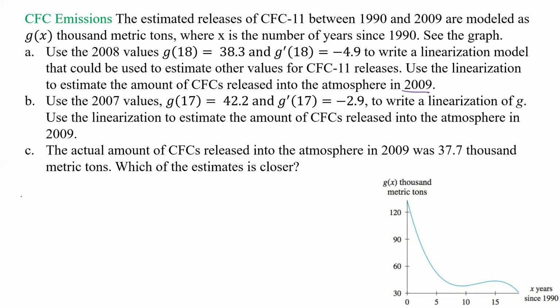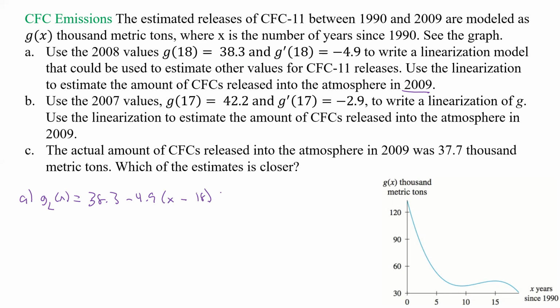Okay, well, let's call it G_L(x) is equal to 38.3 minus 4.9 times (x minus 18), we're using 18 in this case.